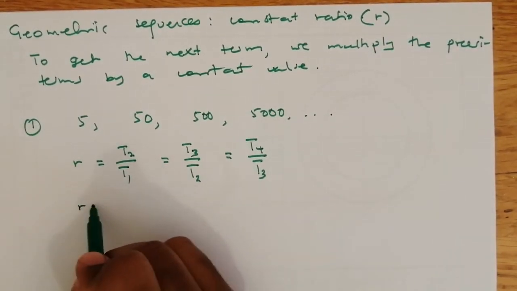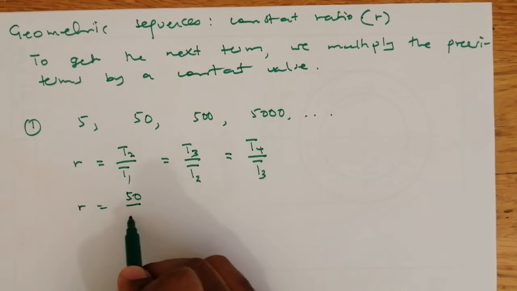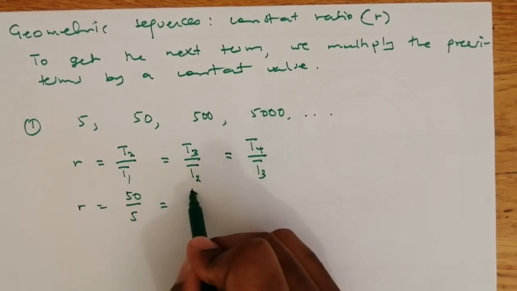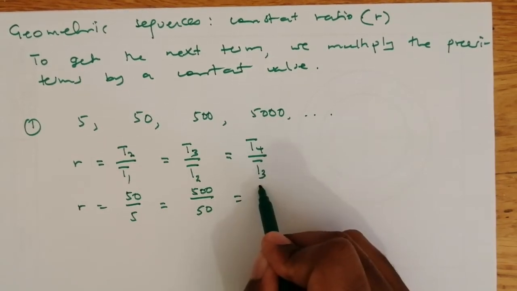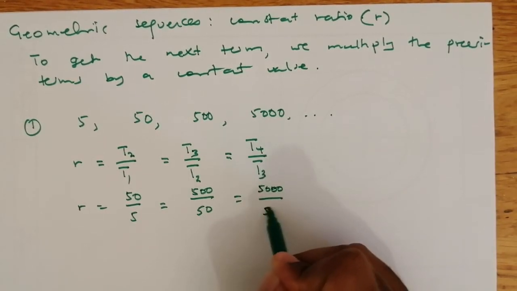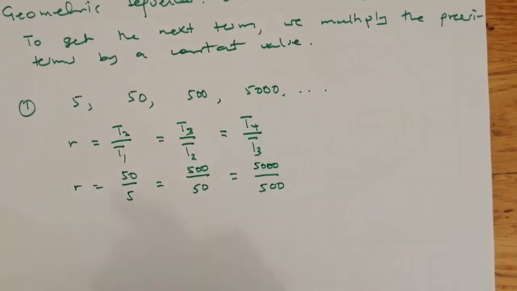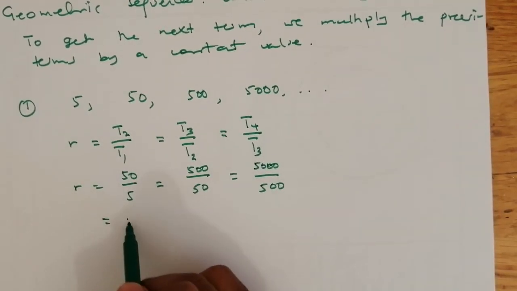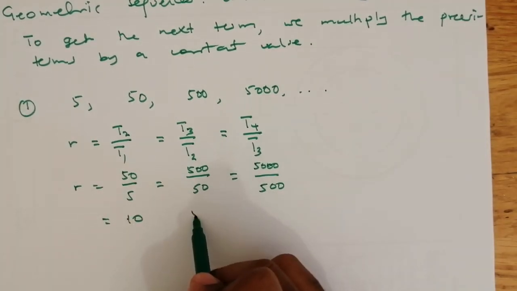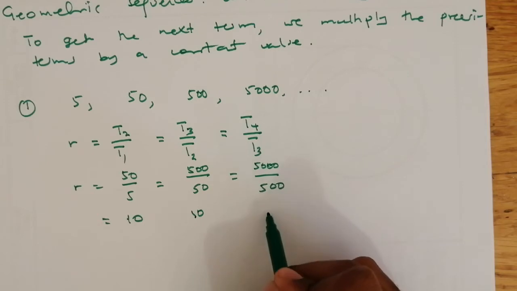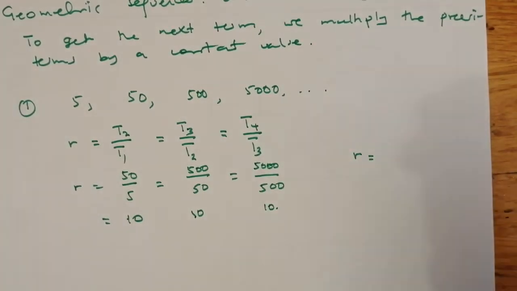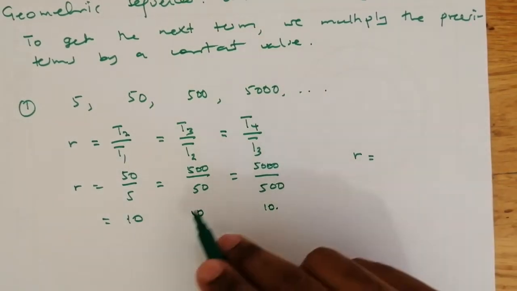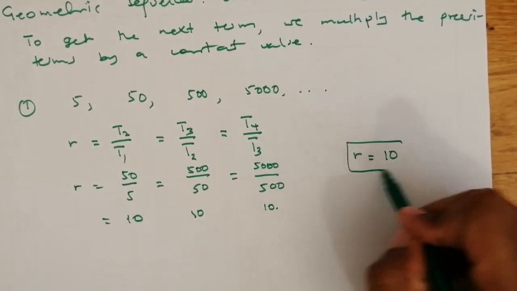Okay, let's check. 50 divided by 5, is that equal to 500 divided by 50? Is that also equal to 5,000 divided by 500, right? Okay, so 50 divided by 5, what is that? That is 10. 500 divided by 50, that is 10 also. 5,000 divided by 500, that is 10. So the common ratio or the constant ratio that exists in this sequence is 10, right?